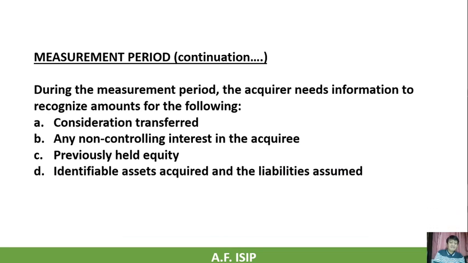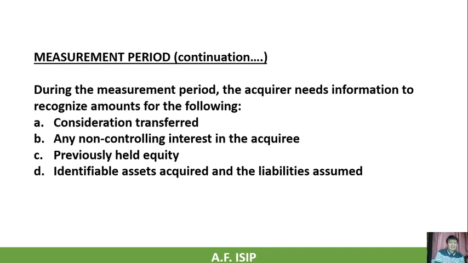Next, identifiable assets acquired and the liabilities assumed. This is also another problem when it comes to business combination. There are some assets of the acquiree which are not declared, or there are some lacking documents to substantiate the amount of the assets.